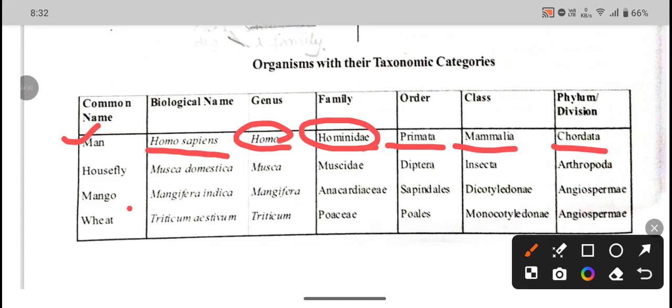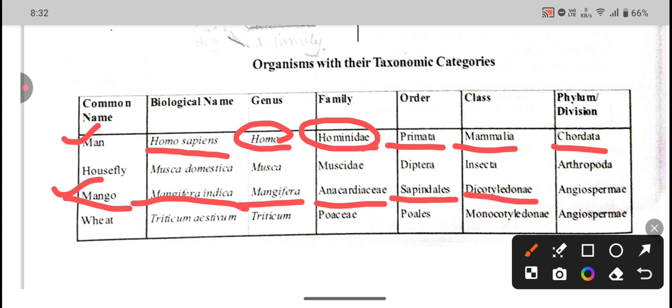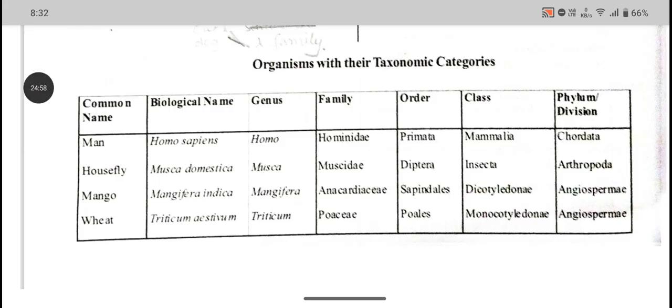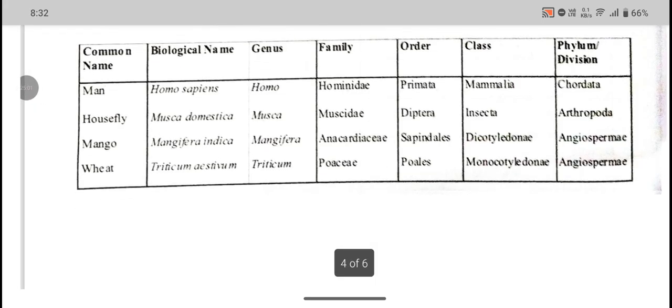If you take mango, Mangifera indica is the biological or scientific name. Genus is Mangifera, family Anacardiaceae, order Sapindales, class Dicotyledonae, and the phylum Angiospermae. So this is how you categorize living organisms.